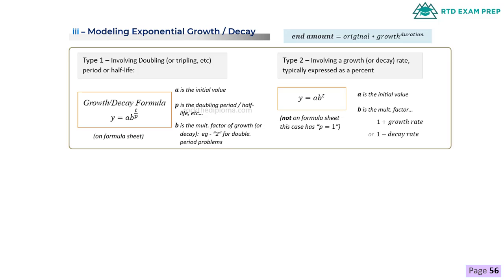Let's start with the idea of b representing the factor of a doubling period. Well, when I say the word doubling, most people naturally think of a 2. No problem. If I said tripling, most people naturally think of a 3. No problem. But then we use this word half-life, and half-life is rather confusing as a word, but it really just means the halving period.